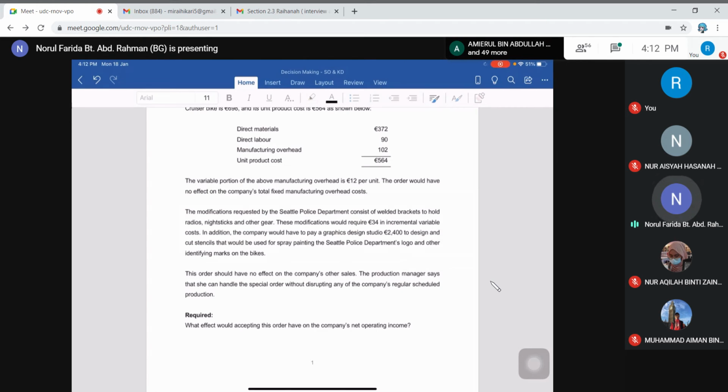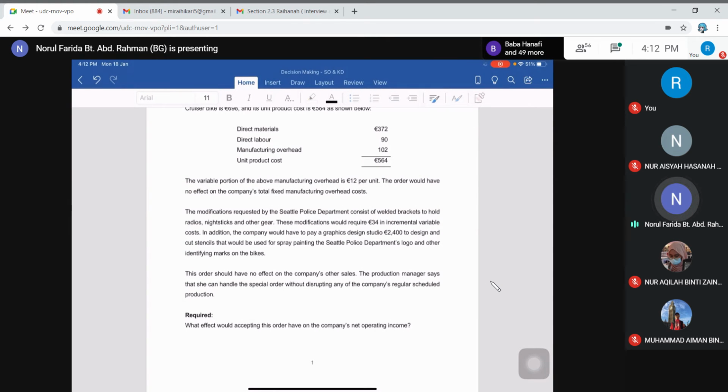Right. So when doing a special order, we want to calculate whether the order will give us profit or loss, right? So special order, our option is either we want to accept the special order or we want to reject the special order.